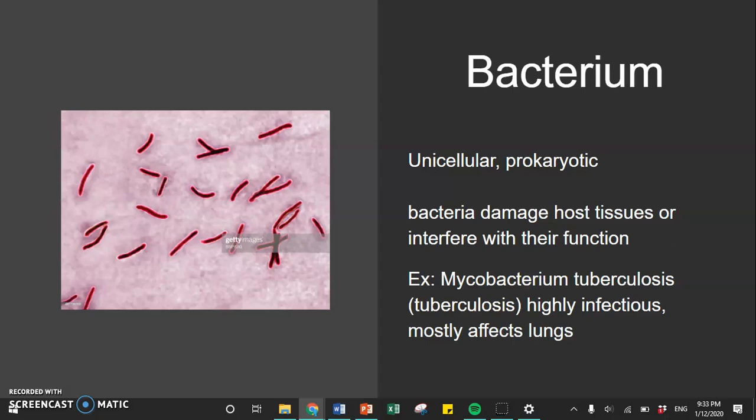In the example on the left, which is Mycobacterium tuberculosis, a highly infectious disease that affects mostly the lungs, the bacteria thrive within the lungs and begin to damage the lung tissue and interfere with its function. So people have a hard time breathing, both inhaling and exhaling. Essentially, the bacteria eat the lungs.